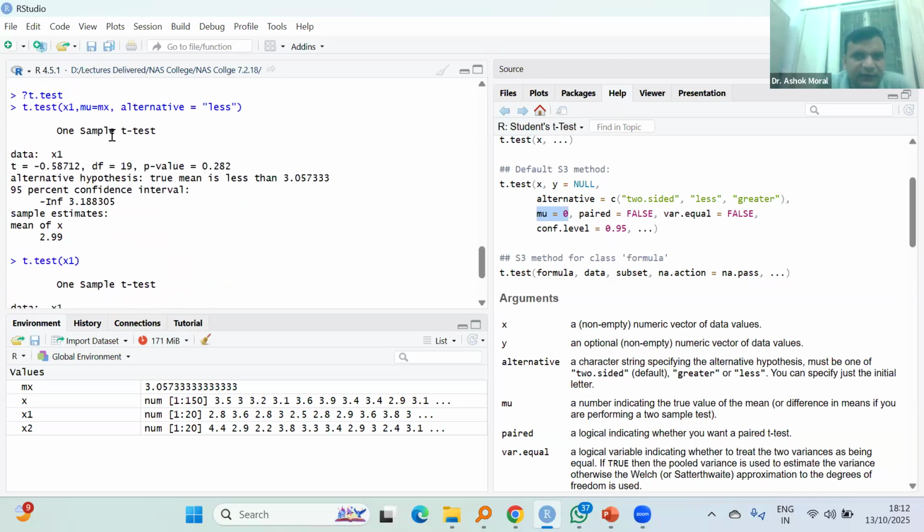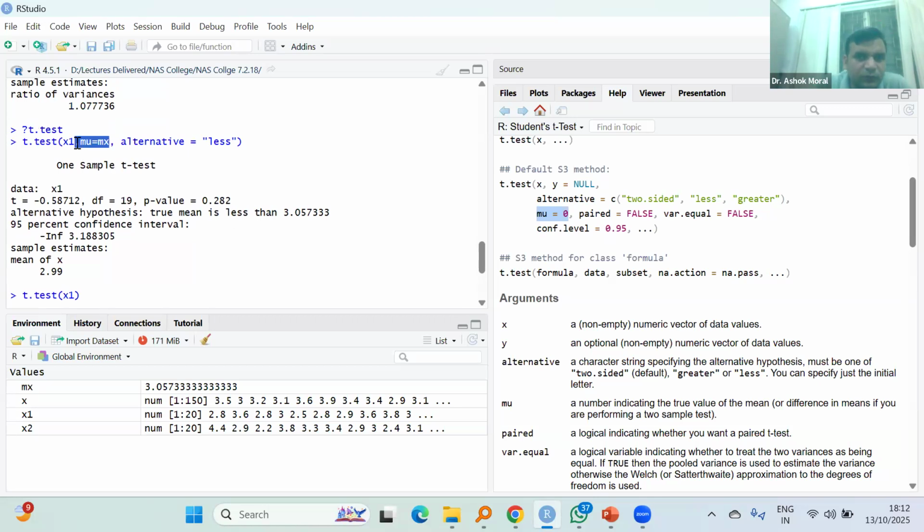Otherwise we can define any value to this mu naught, either the mean of the sample or any specified value mu naught.